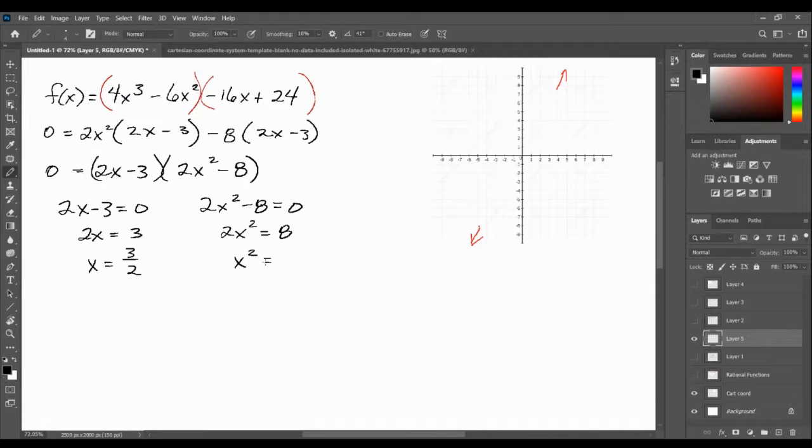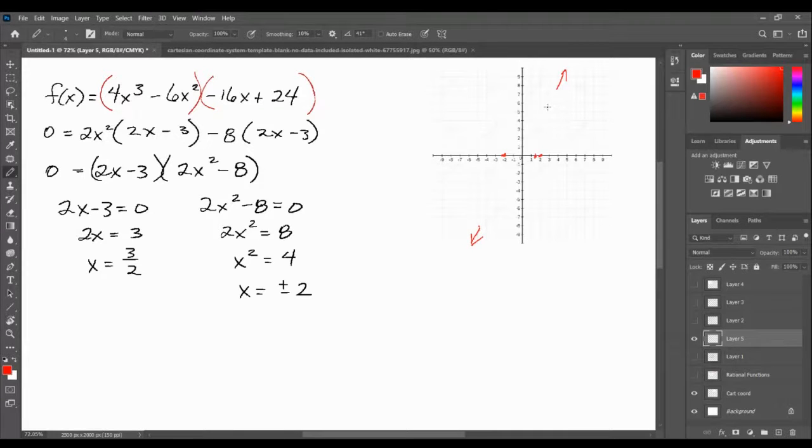Divide by 2. Take the square root of both sides. And now we have x-intercepts. Negative 2, plus 2, and 3 halves. Right there. 3 halves is 1.5. So we've got that.